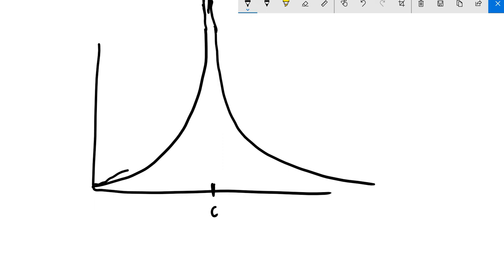There you're approaching infinity as you approach c, and same when going from this side. You're also approaching infinity, and you're never hitting a point there. You have this break, and so that would be a non-continuous function. There are a lot of examples of non-continuous functions, but for our strict definition of an integral, we need to have a continuous function for what we're going to be looking at right now.